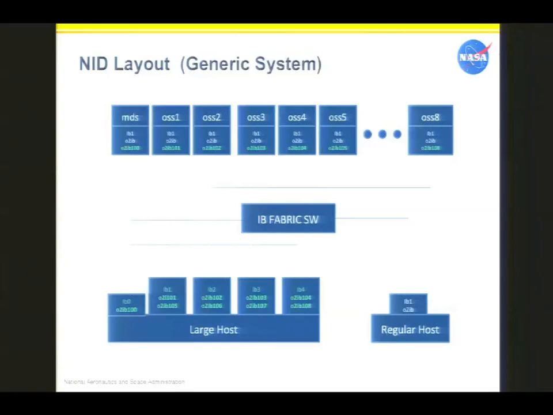So you basically take the NIDs from each of the OSSs and MDS, and you have some leeway in how you want to assign them per interface on the large host. I tend to like doing things that involve symmetry, so it's pretty. There's not a lot of things you could do with it, but you can certainly test things out and see if you get different performance with it.